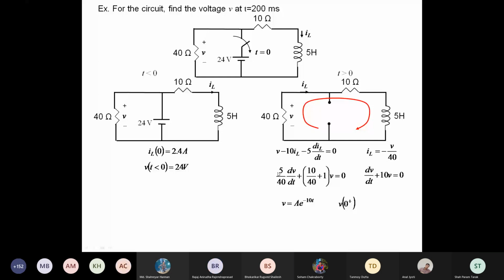What have we asked now? The voltage at time t just greater than 0, 0 plus.